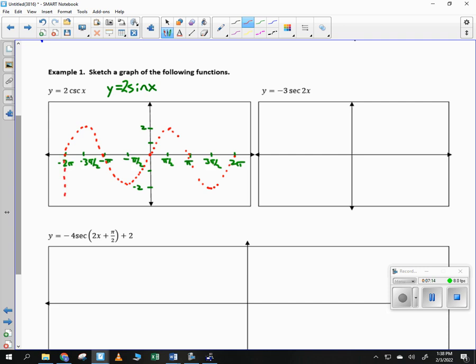Good. Wherever it crosses the x-axis. What's the last thing I do? Look at your maximums and minimums and draw those U-shapes.